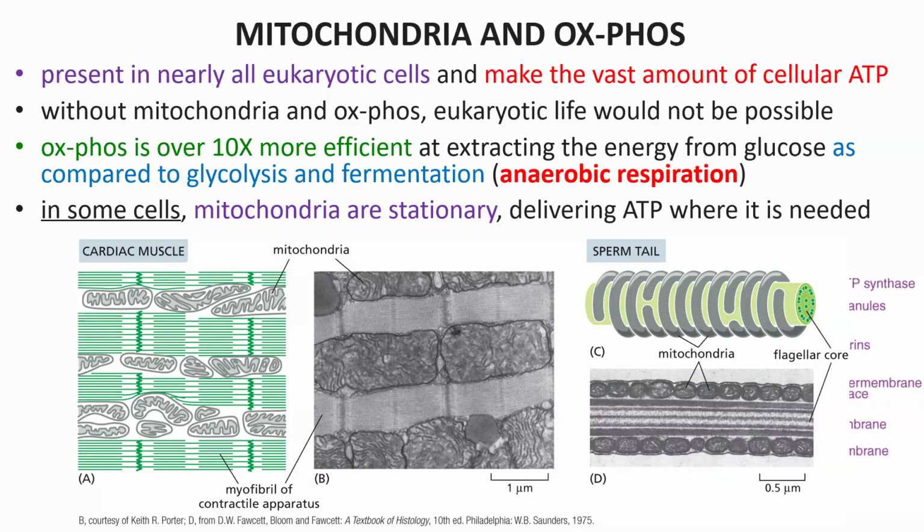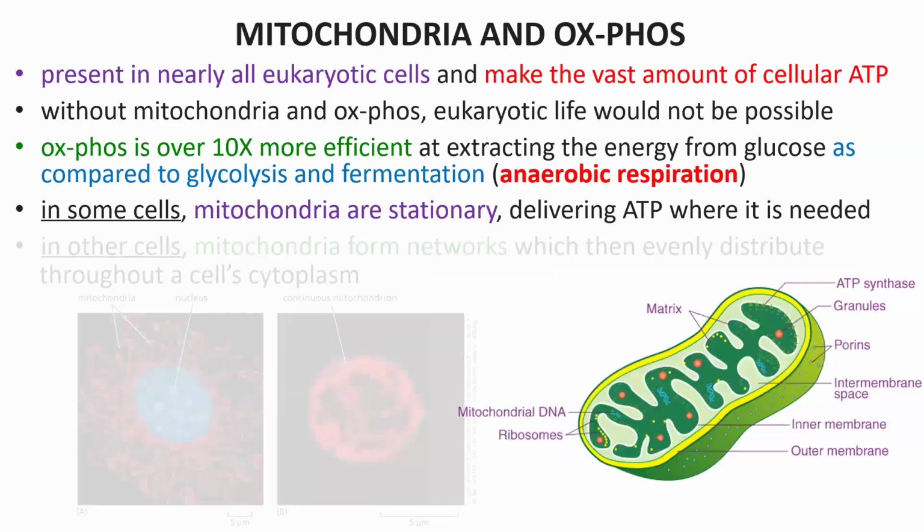So ATP is being made and delivered exactly on the components of the cardiac muscle that are responsible for keeping the heart beating. Also, in the tail of a sperm, mitochondria self-organize and connect into this spiraling, almost coating that wraps around the motor end of the flagella and just dumps ATP into the flagellum motor to keep those sperm cells swimming. So these are examples of stationary mitochondria.